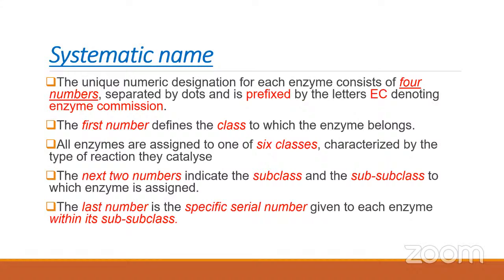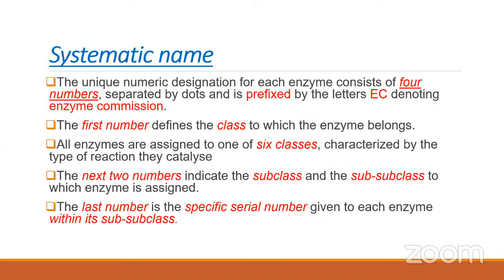They have given a numeric designation for each enzyme, and it consists of 4 numbers. Before the numbers, it is prefixed by the letters EC, which means Enzyme Commission. The first number denotes a class, and all enzymes are assigned to one of the 6 classes.